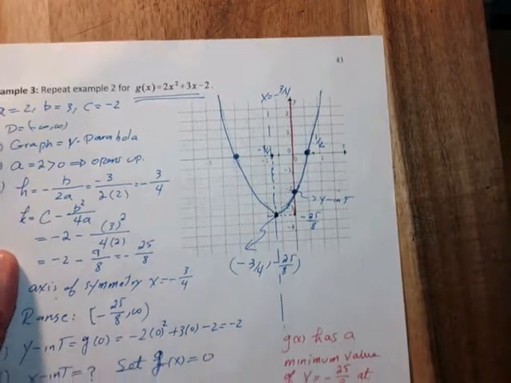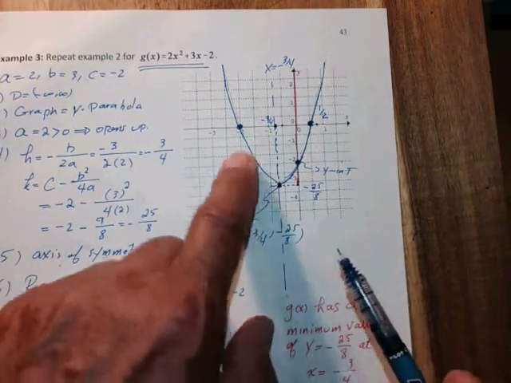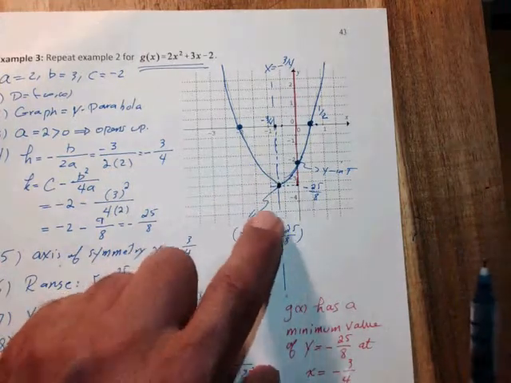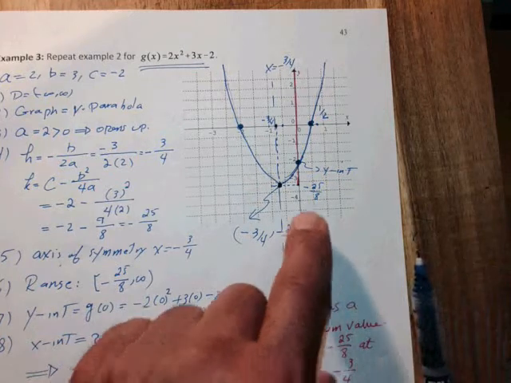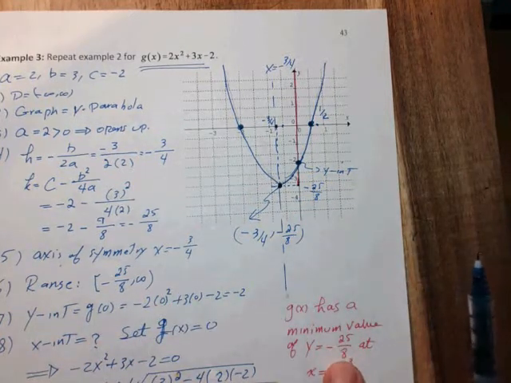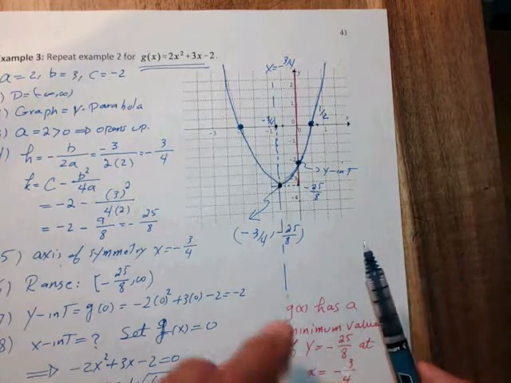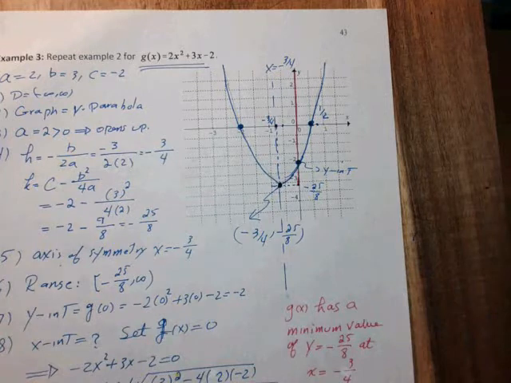And one last thing I wrote down was to say that this function, because it opens up, has a local minimum. So g of x has a minimum value of negative 25 over 8 at x equal to negative 3/4. See the vertex. So that's what we have.